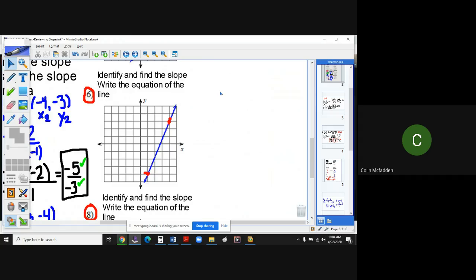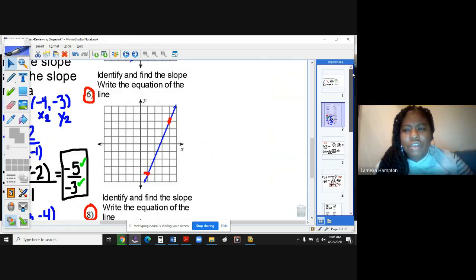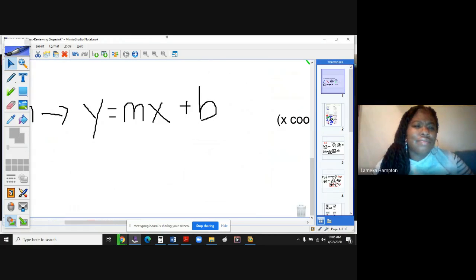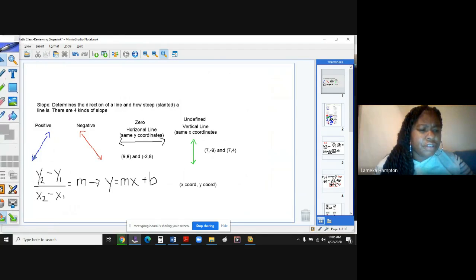It's a positive slope. Yes, thank you so much, Mr. McFadden. It is a positive slope simply because, remember, when we read things from left to right, our line is going up.